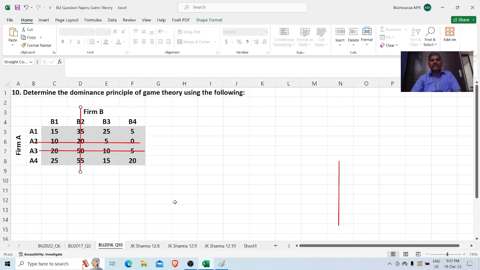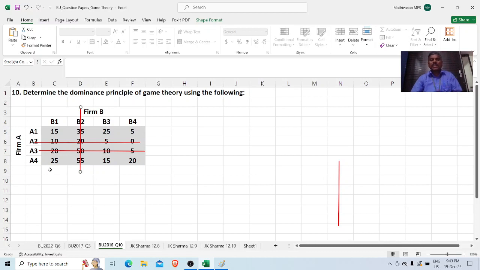We will compare B1 with the remaining strategies. When firm B uses the first strategy, it results in 15 points loss. When firm B uses the third strategy, it results in loss of 25 points. So which is the better strategy? B1 is better. When firm B uses the first strategy, but firm A uses the fourth strategy, the gain for A is 25 points.